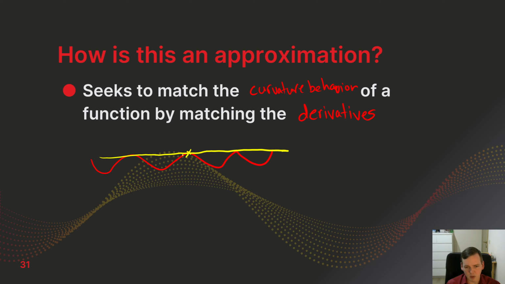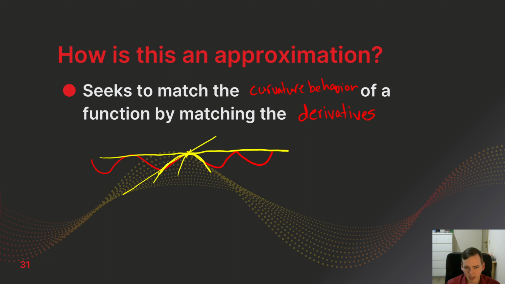That's not a very good approximation. But if I match the slope here, then I might get a slightly better approximation because it'll match with the slope for longer. If I try to put a quadratic here and I match the second order behavior, then I might get even more accurate.